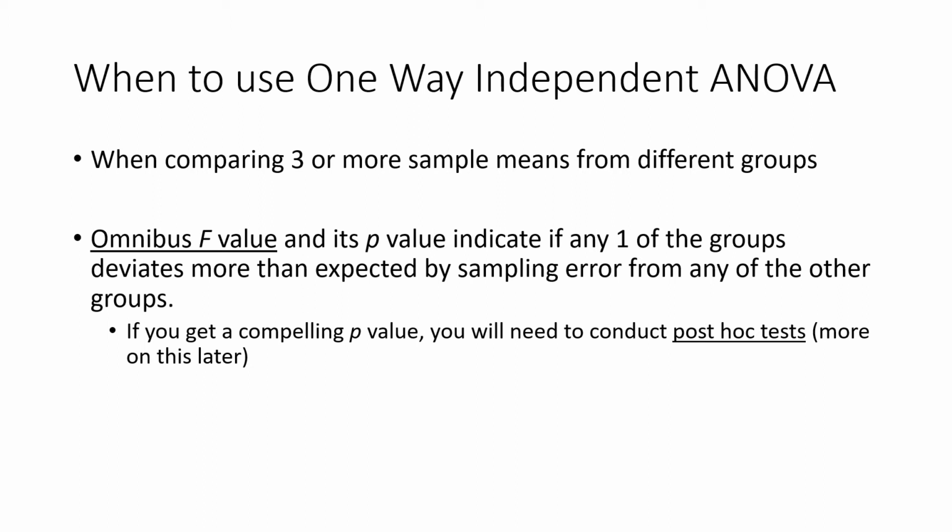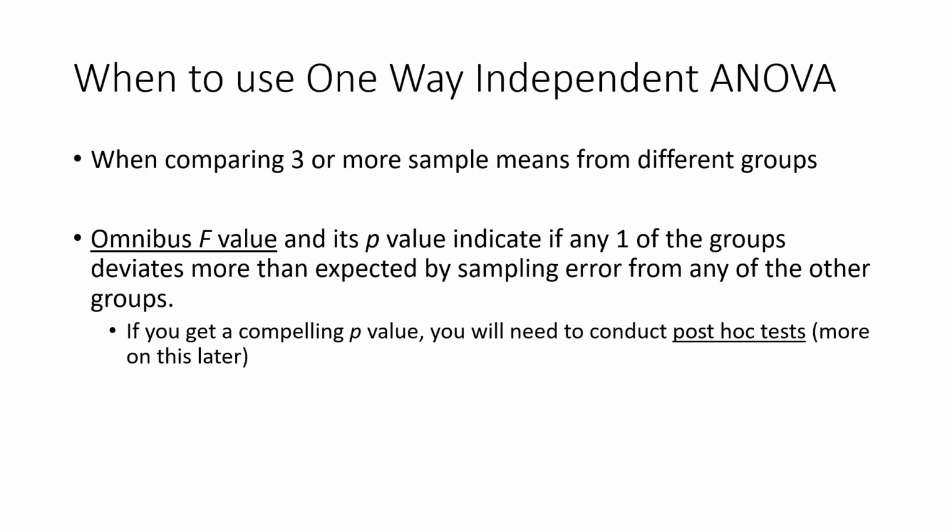You should use a one-way independent ANOVA when you're comparing 3 or more sample means that come from different groups. The one-way ANOVA is going to give you something called an omnibus F value, and you'll be able to find the omnibus F value's p-value, and the two of those together will indicate if any one or more of the sample means deviates from any of the other sample means more than would be expected by sampling error.